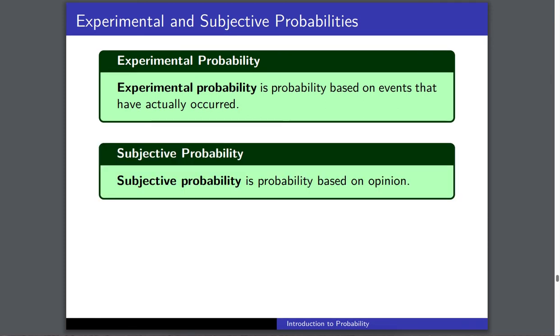Also, subjective probability is probability that is based on opinion. And unfortunately, with the sheer volume of information out there and online and things like that, it oftentimes becomes difficult to determine what probabilities are theoretical or experimental versus subjective.